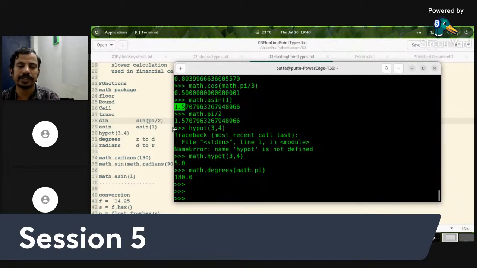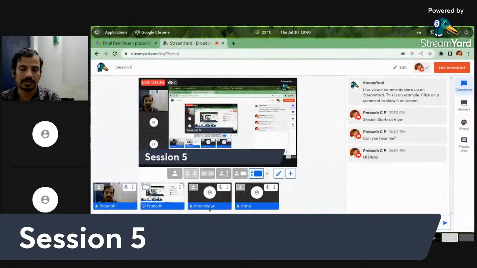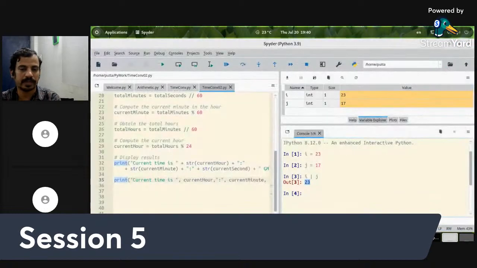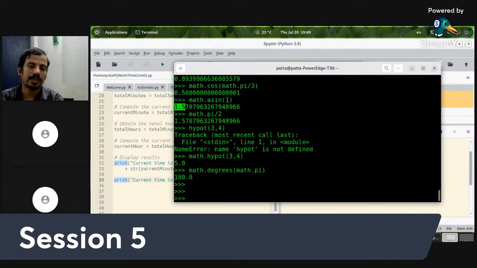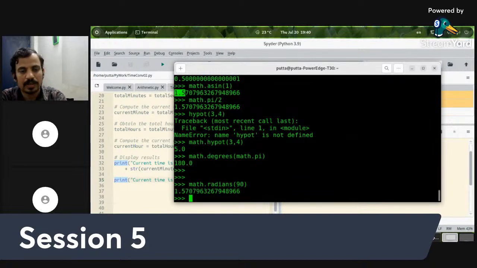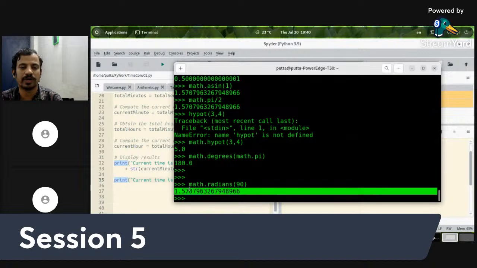What does the degrees function do? It converts radians into degrees. Okay, if I want the reverse, similarly, math.radians of 90. So 90 is pi by 2, which is 1.57.